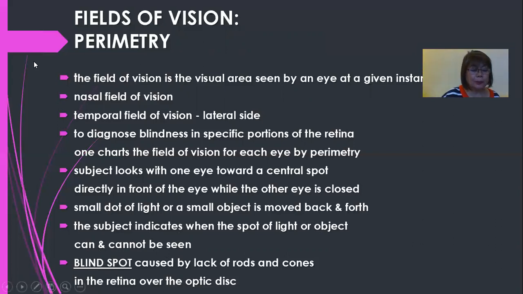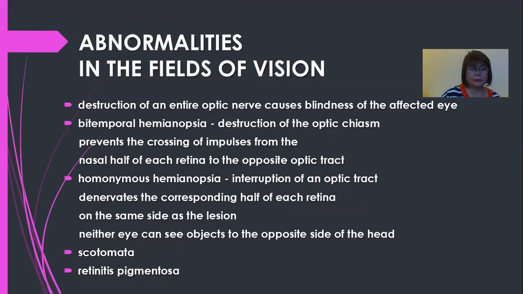The part where you cannot see the spot is called the blind spot because it corresponds to the area where the optic nerve exits the eyeball. Here it lacks the rods and cones in the retina over the optic disc.